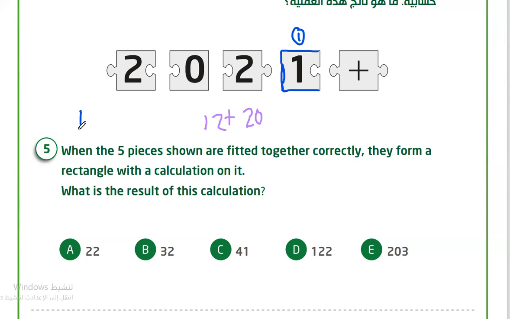And here also we have an opening, so number 2 will be this one. So you put number 2, and we write 2 here.